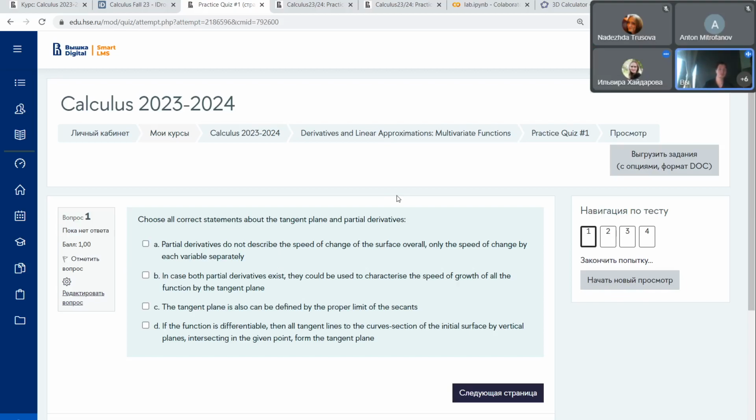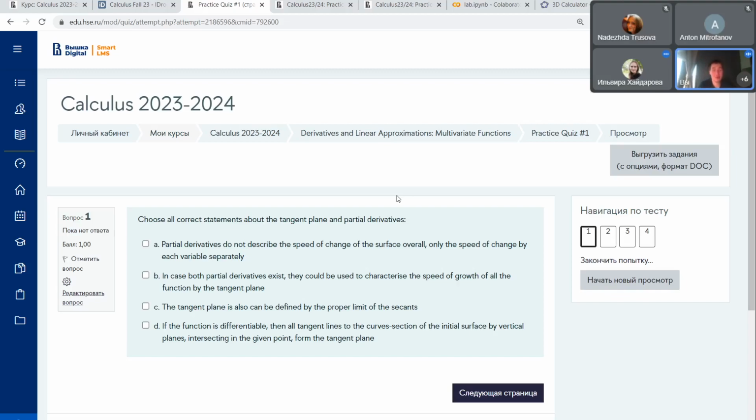For example, we are expected to choose the correct statements. What do we know about partial derivatives? Can we say that partial derivatives do not describe the speed of change of the surface overall, only the speed of change by each variable separately? As for me, it's a good question.